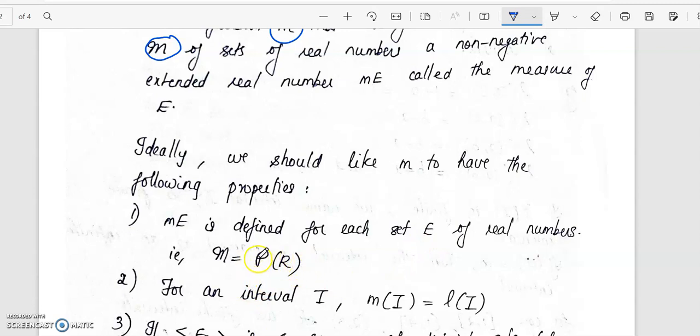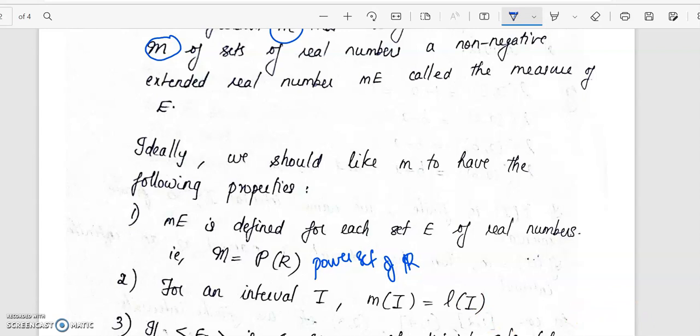So your domain of the set function, that is script m, is the domain where the function small m is defined. So script m will be the power set of R, the power set of the set of all real numbers.